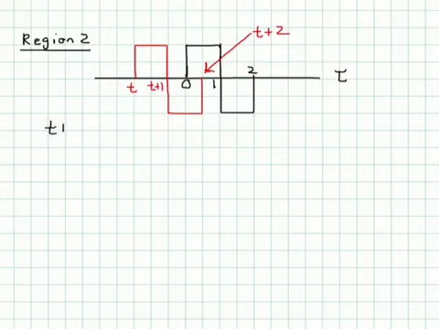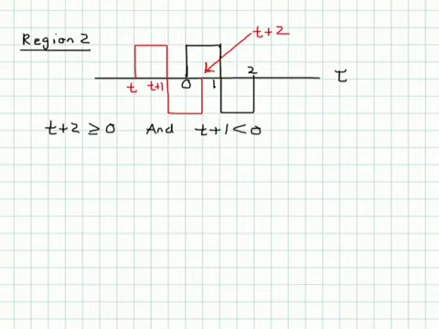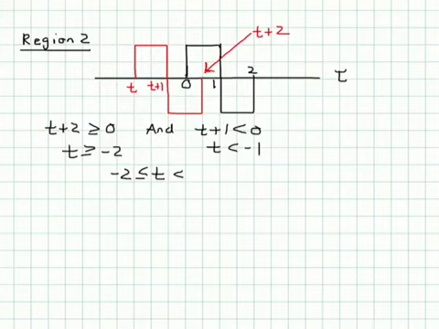So this region is defined by t plus 2 being greater than or equal to 0, but a key thing here is that this edge hasn't yet hit 0. So t plus 1 is less than 0, or t is less than minus 1, and t is greater than minus 2. So the region is really t between minus 2 and minus 1. That's what region 2 is.